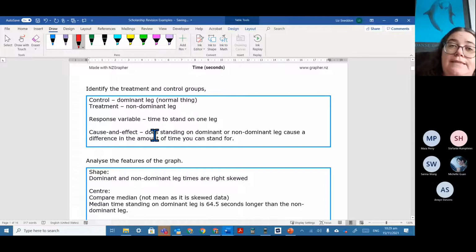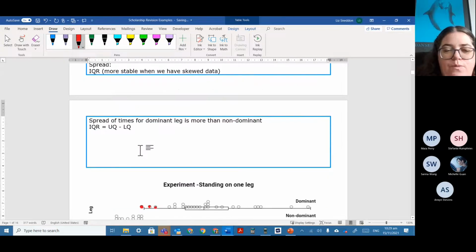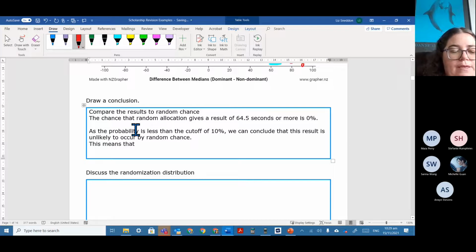I can say standing on their dominant leg causes them to stand for a longer period of time. So that's what my result would be, that for these students, standing on their dominant leg causes them to stand for a longer time than on their non-dominant leg.